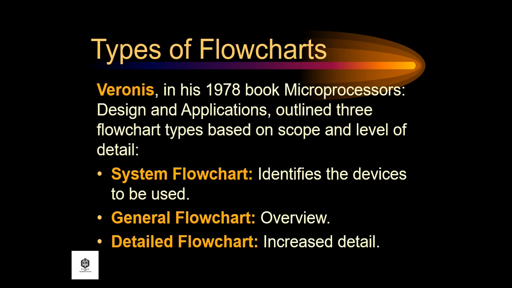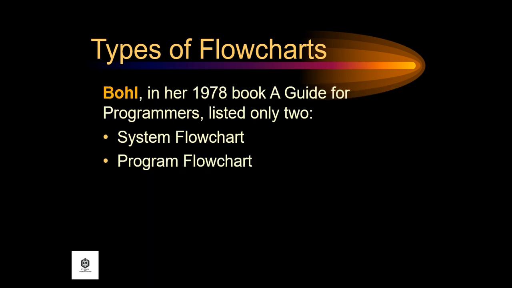Veronis, in his 1978 book Microprocessors, Design and Applications, outlined three flowchart types based on scope and level of detail, such as system flowchart, which identifies the devices to be used, general flowchart, which is the overview, and detailed flowchart, with increased detail.